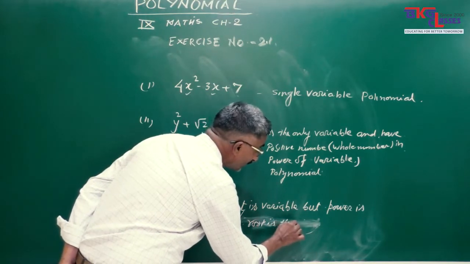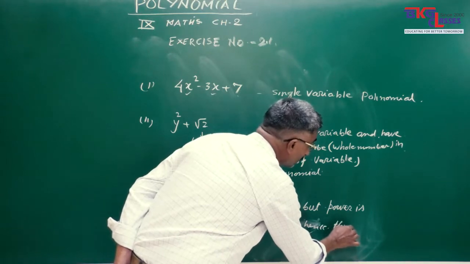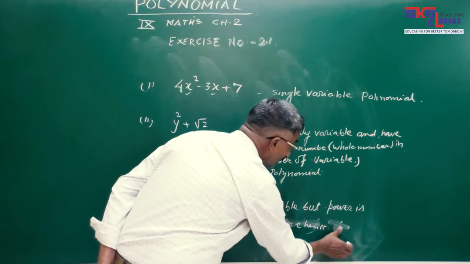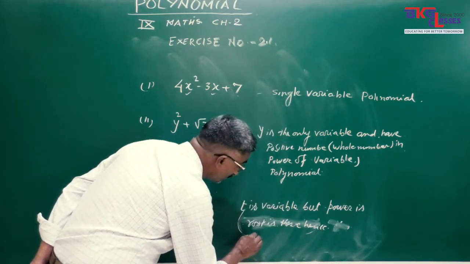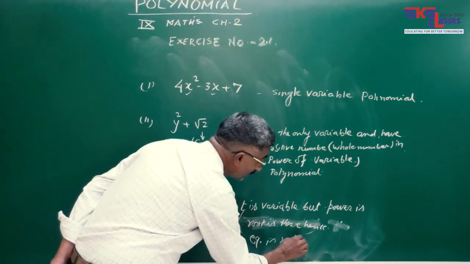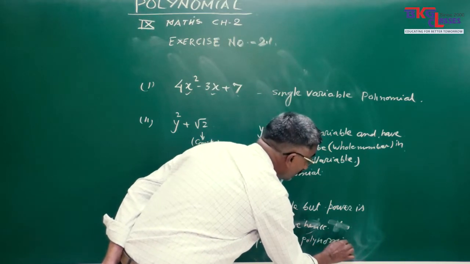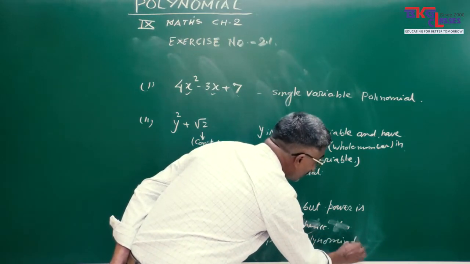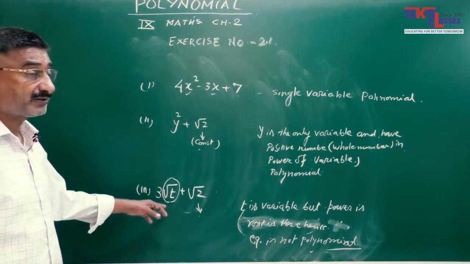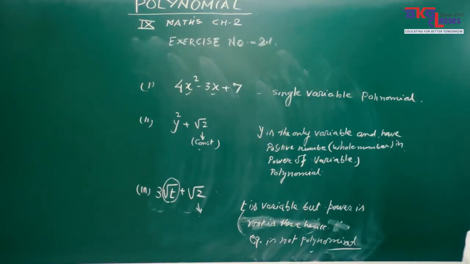Root is there, hence the equation is not polynomial. Of course, t is variable, but the equation is not polynomial, because there is under root t, as we have studied.